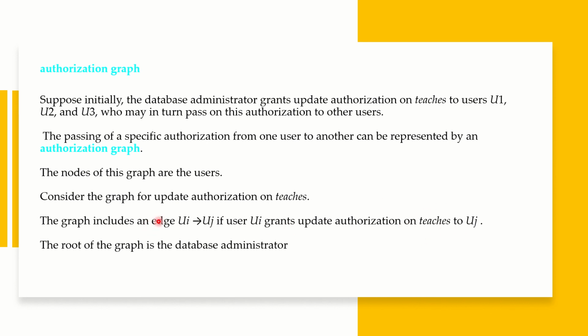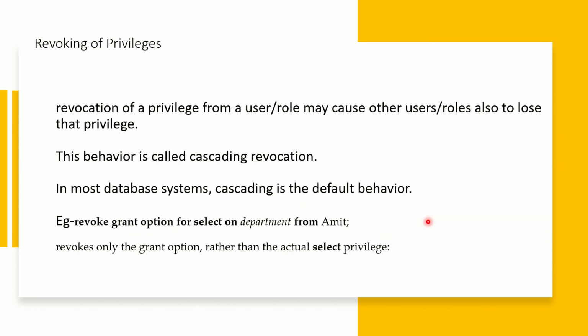If there is an edge from Ui to Uj, that means Ui is giving his update authorization to Uj on a particular table, the teacher's table.